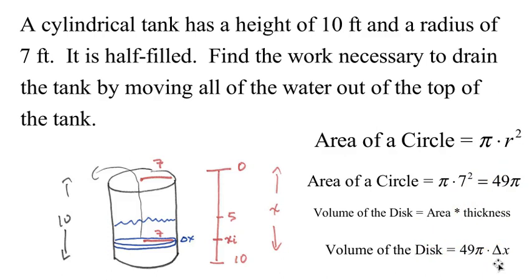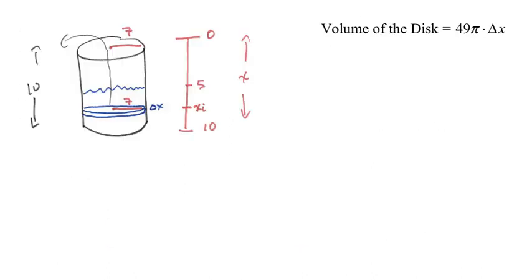Remember, we're looking at work. Work is force times distance. Volume is not force. So we need to figure out some way to convert that. So here's our information. There's our graph again. There's our volume of the disk, 49 pi times the change in x. We're dealing with British units here. In that case, the density of water is 62.5 pounds per cubic foot.